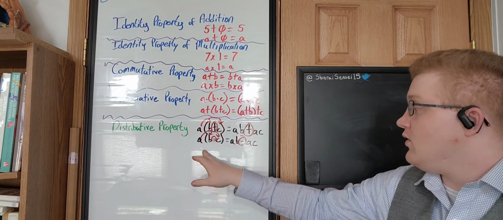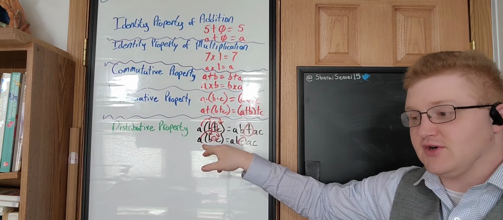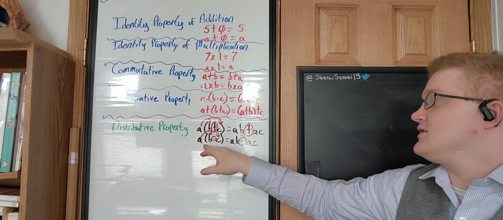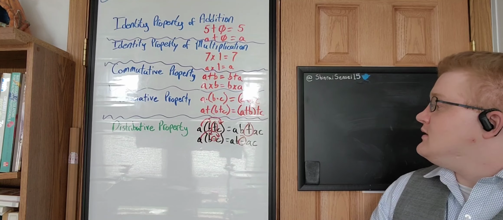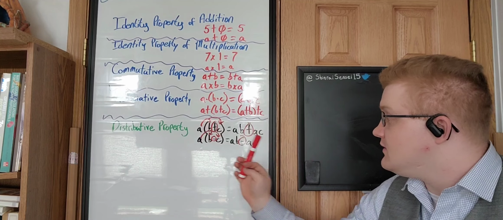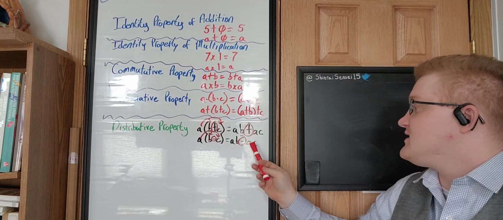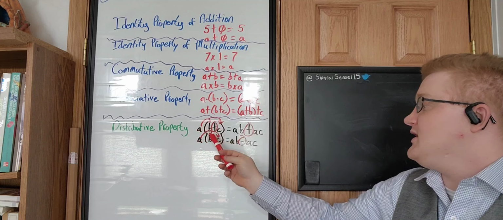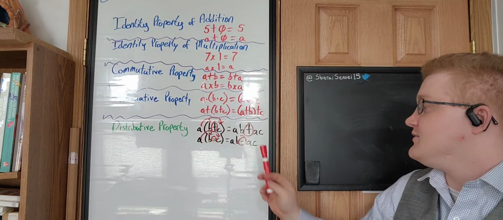So, it only works on multiplication being done to these parentheses. It doesn't work for addition, subtraction, or division. It only works on multiplication, right? So you can distribute the A to the B and the C. So it becomes AB minus AC, or in this case, AB plus AC. And the addition always stays there in the middle between those two.